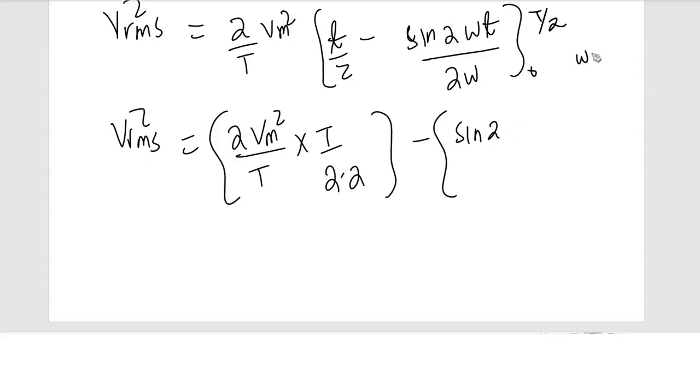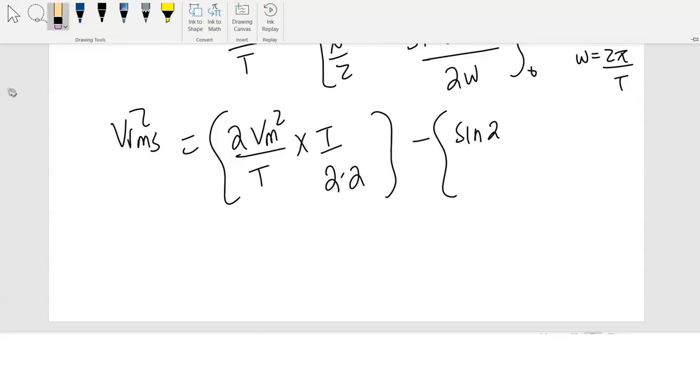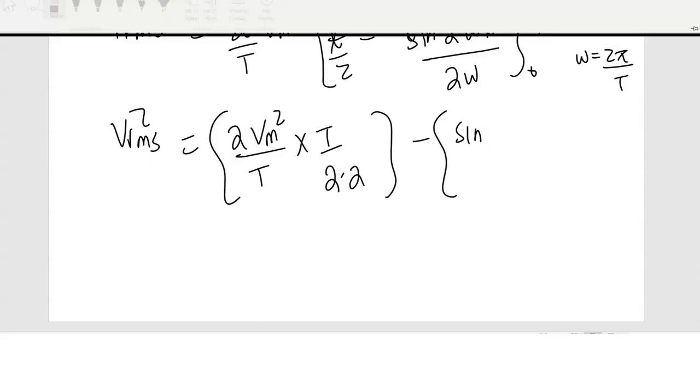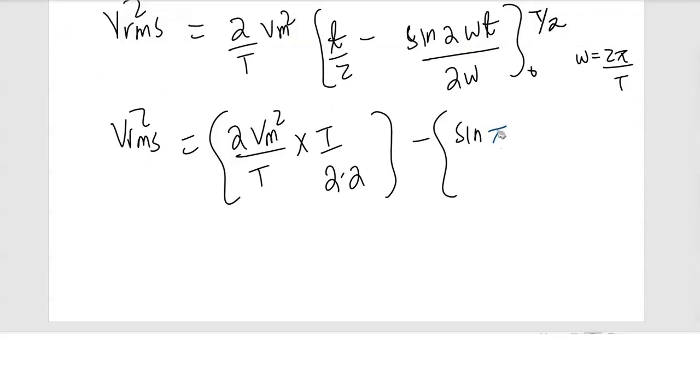Remember that omega is equal to 2 pi over T. So if I put in T/2, I'll remain with sine pi minus sine 0, divided by 2 times 2 pi over T. The whole of this goes to 0.